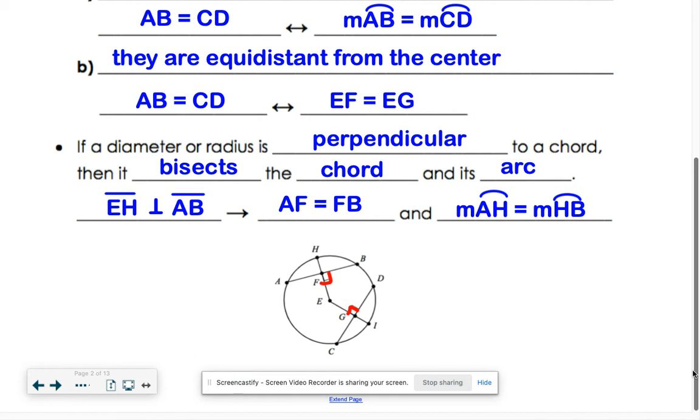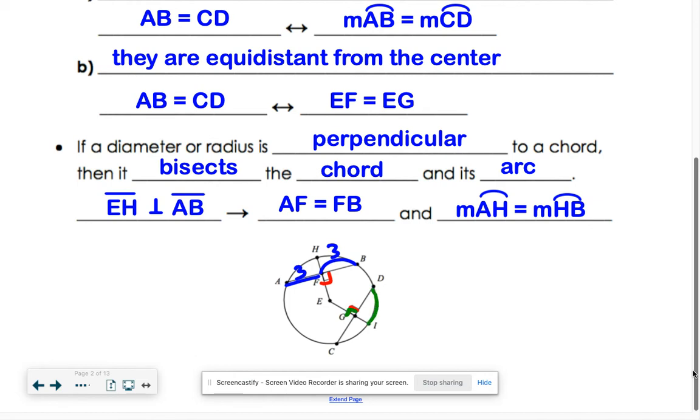So when I have a radius or a diameter that's perpendicular to a chord, it cuts it in half, right? So that would mean AF is the same as FB. So if this was 3, this would be 3. Or vice versa with its arc. Again, we have a right angle here, meaning it's going to cut this arc in half.